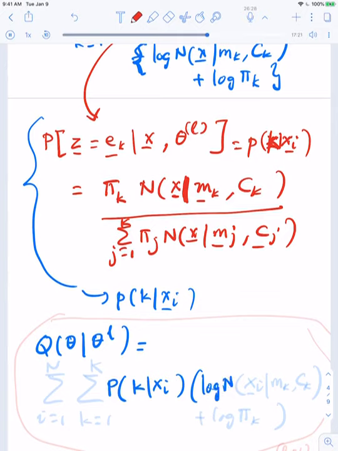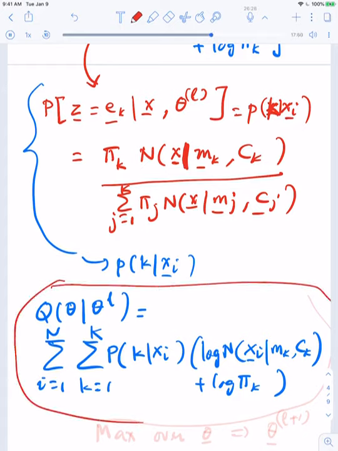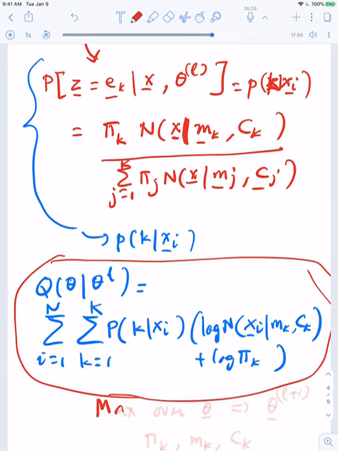I have the log of the corresponding density. I have the log of the component probabilities. I have to sum this over the components, and now I have to sum it over all the data points. So this is what we want to maximize. If I maximize this over theta, that will give me my next iteration, right?